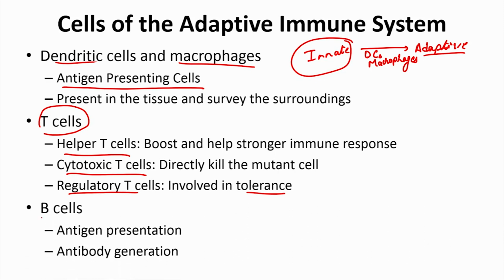And then the other major leukocytes are B cells, and like DCs and macrophages, they are also antigen presenting cells. So, they can also present foreign antigens to the immune system, but the major function that they are known for is antibody generation. All the antibodies are generated through B cells, and they are mainly involved against external pathogens.